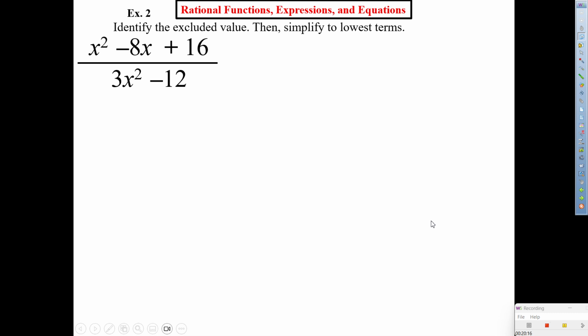All right, copy this one. Example 2. X squared minus 8x plus 16 over 3x squared minus 12.